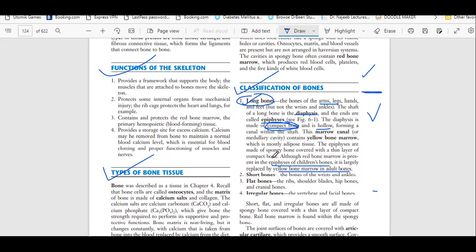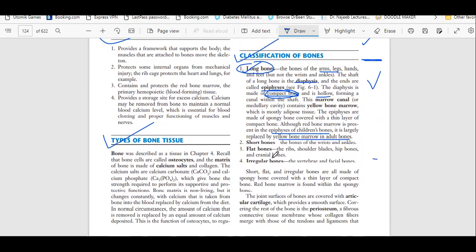Next we have the epiphysis area. It is made up of compact bone, but mostly spongy bone is there, and it has red bone marrow in children. After growing age, the red bone marrow is converted into yellow bone marrow.